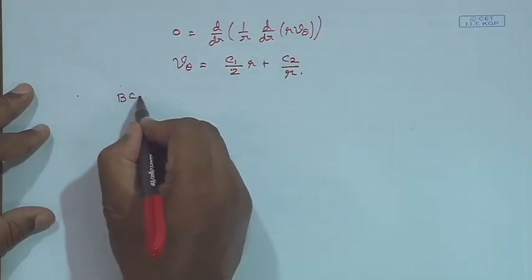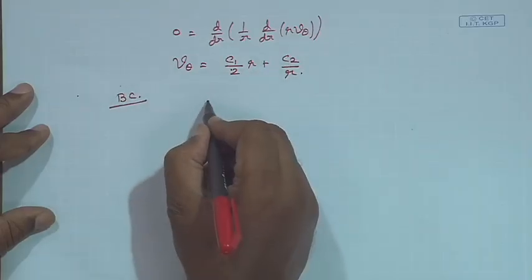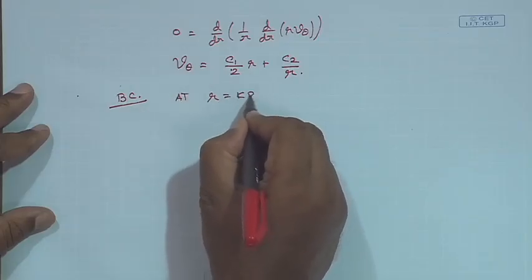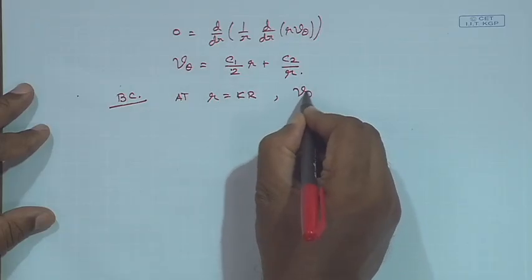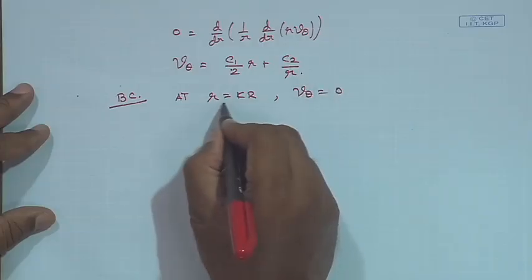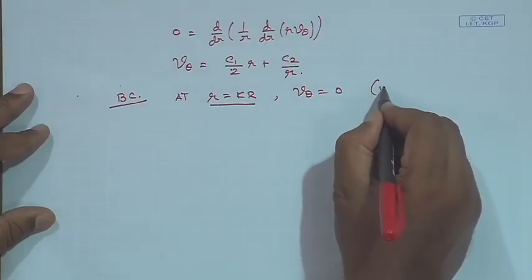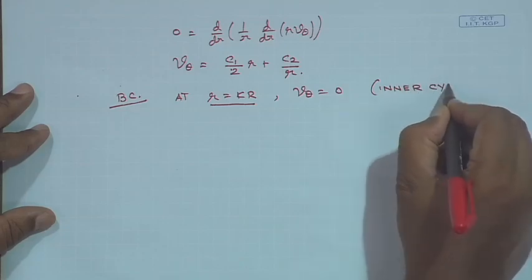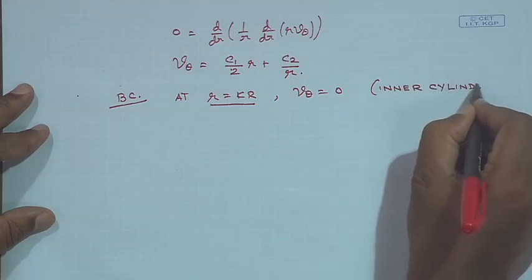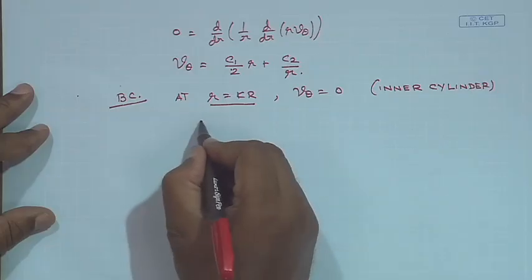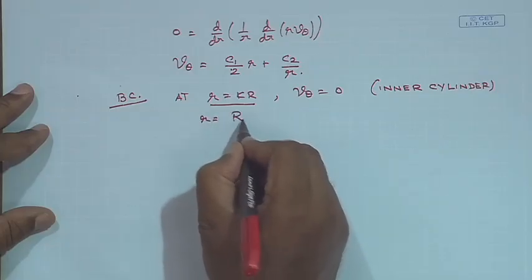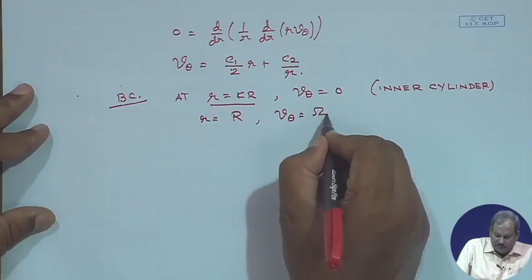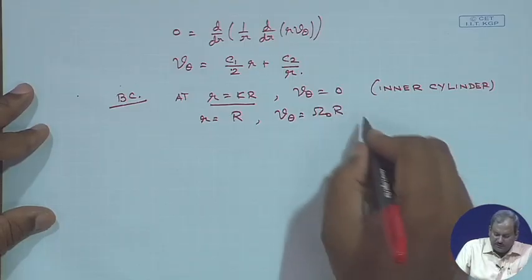The two boundary conditions are the no slip conditions: at r = kappa R, v_theta is 0. This is essentially the inner cylinder, whereas at r = capital R, v_theta equals the angular velocity times R.